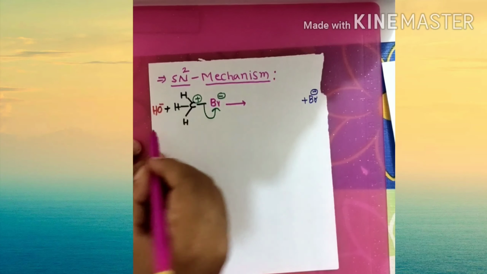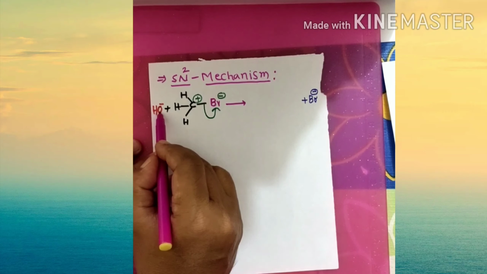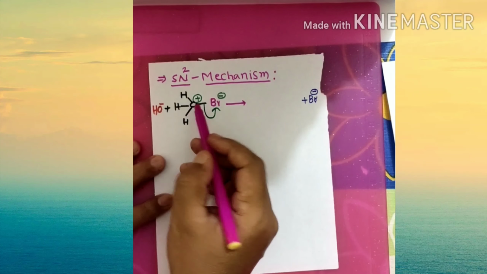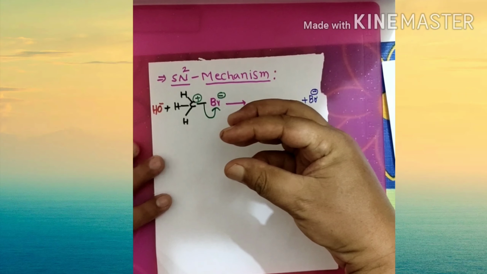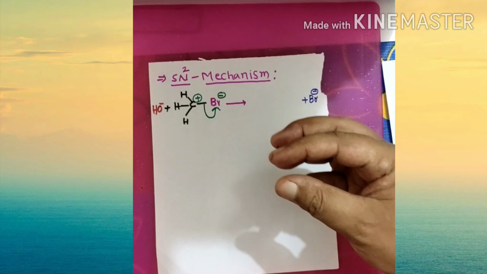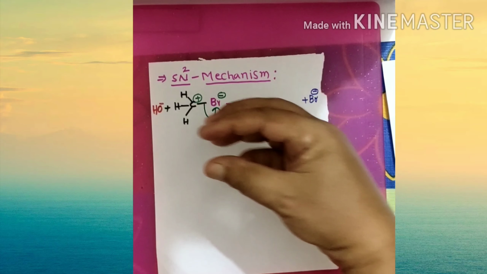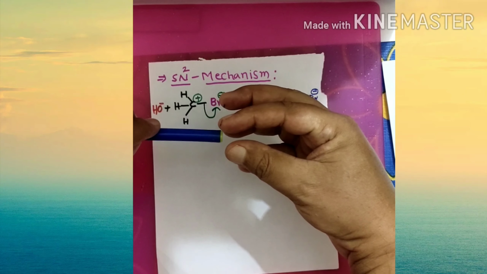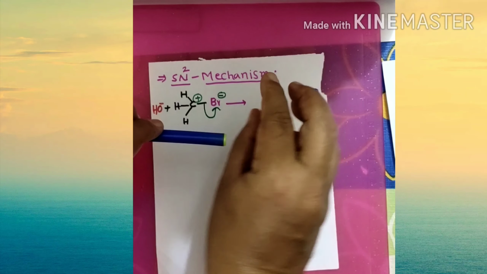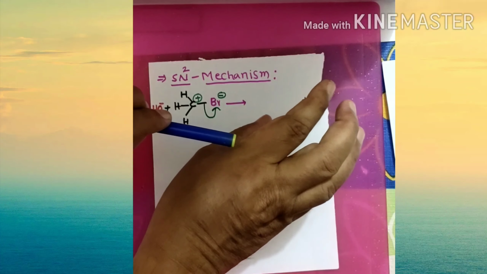And the main product is methyl alcohol. Now this nucleophile approaches this carbocation. When the nucleophile approaches, these hydrogens, 3 hydrogen atoms we have, and the nucleophile coming for attacking, immediately these 3 hydrogens will move to the backside.